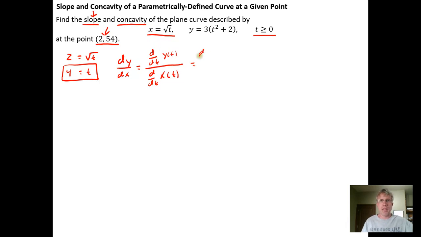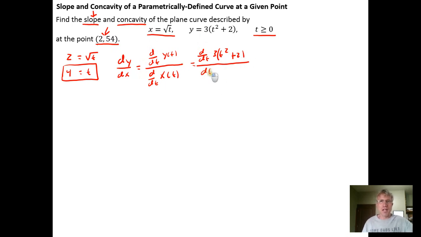So we need to find d/dt of 3 times t squared plus 2. I keep wanting to say the time derivative, but t in this case isn't necessarily time. We don't have any context.